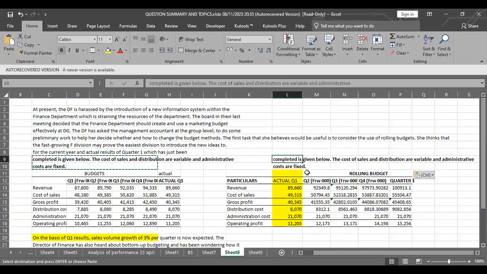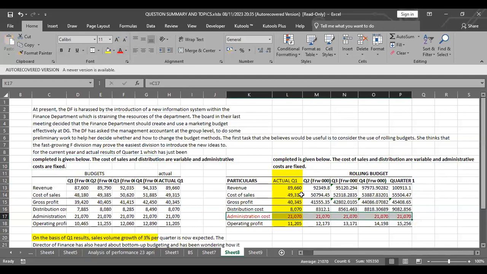They say the cost of sales and distribution are variable, except for the admin. Admin is fixed. And that's why admin here, if you check, is the same throughout. But the rest are variable.